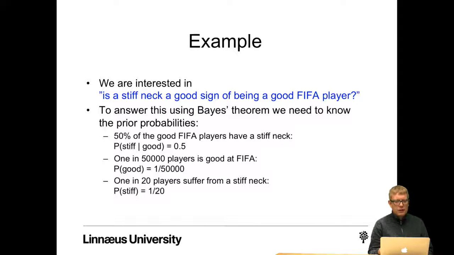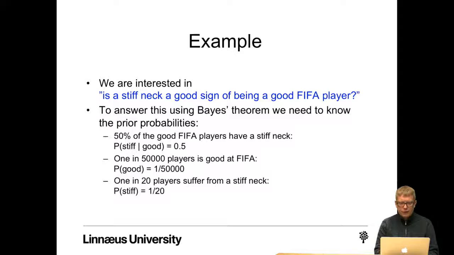We are interested in an answer to: is a stiff neck a good sign of being a good FIFA player, in the FIFA video game? To answer this using Bayes' theorem, we need to know the prior probabilities.